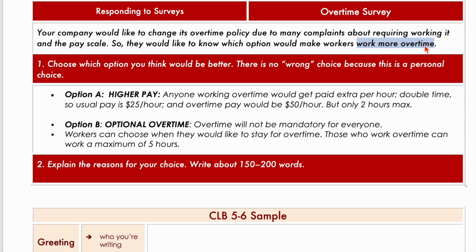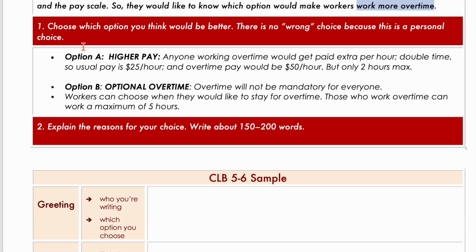So let's look at the options. Option A, higher pay. Well, that's always good. So what does it say? Anyone working overtime would get paid extra per hour. Double time. Wow. So usual pay is $25 per hour. That is in Canadian standards, okay?